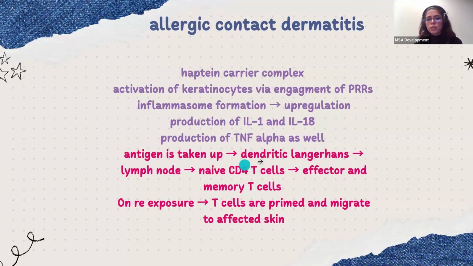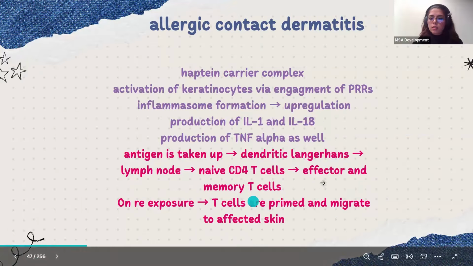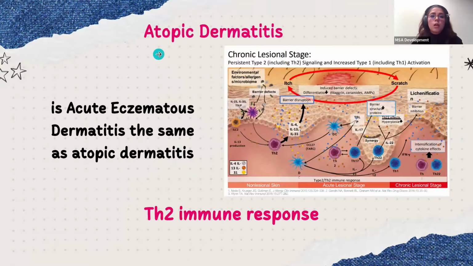The antigen is taken up. The dendritic Langerhans cells take that antigen, give it to the lymph node, and show it to the naive T cells. The effector and memory T cells are like, okay, we'll keep this in mind. If we see it again, we'll attack. On re-exposure, T cells are primed and they migrate to the skin.